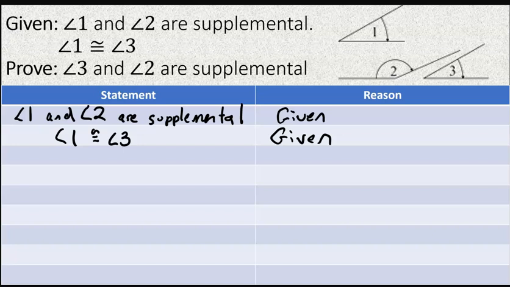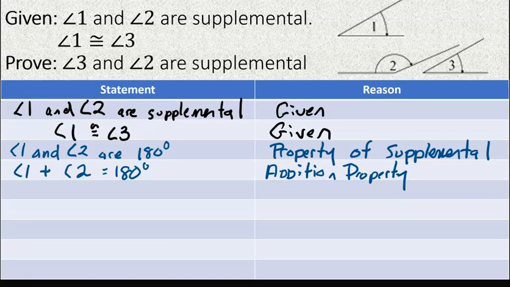So that means if those 2 angles are the same, I can also make the statement that angle 3 and angle 2 will equal 180 degrees. From there, I should be able to employ the transitive property and subtract my repeated angle. So let's take a look at how this writes out.